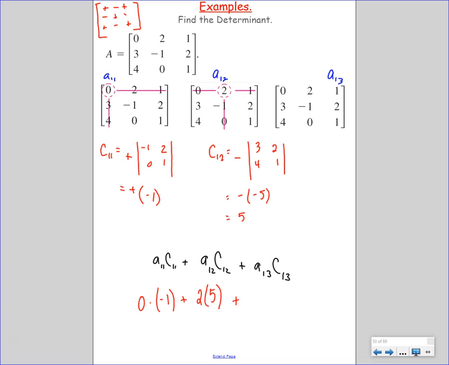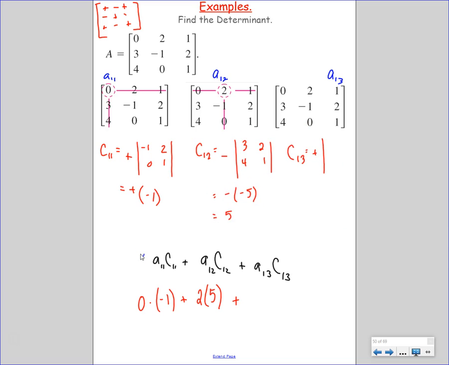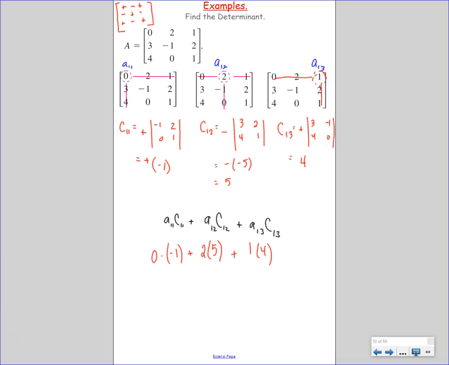This is for the end of class. How can you check if it's right?